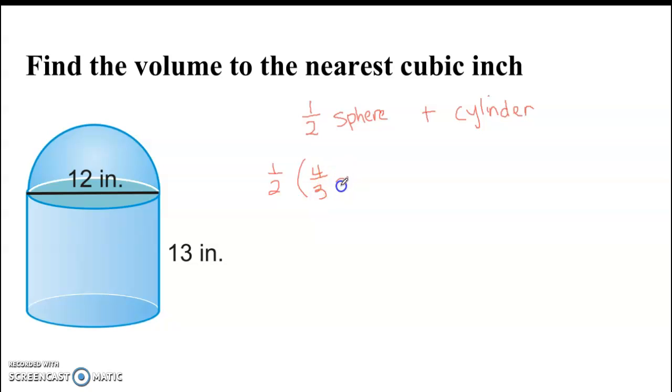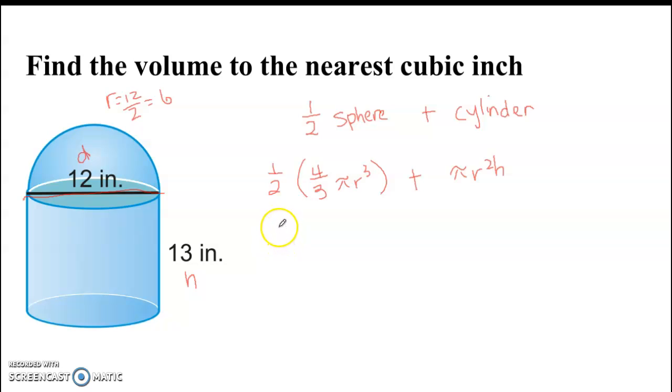It's 1/2 of 4/3 pi r cubed plus a cylinder, which is pi r squared h. So when we look at this, this is my height. My height is 13. This 12 goes from one end to the other, so this is my diameter. I need my radius, which is 12 divided by 2, which is 6.